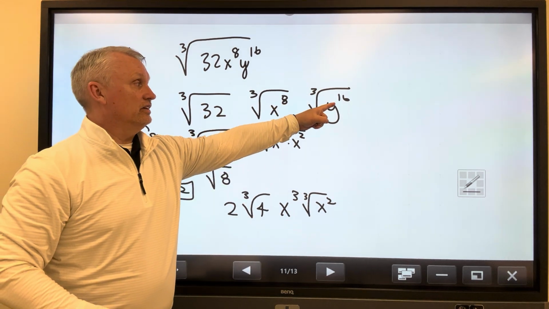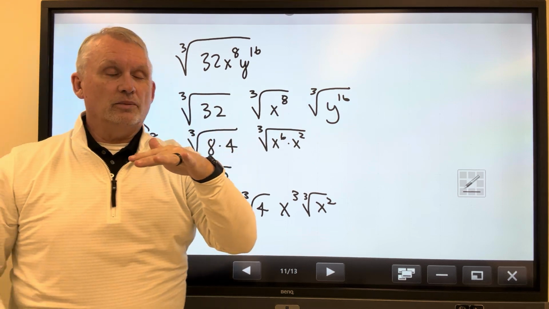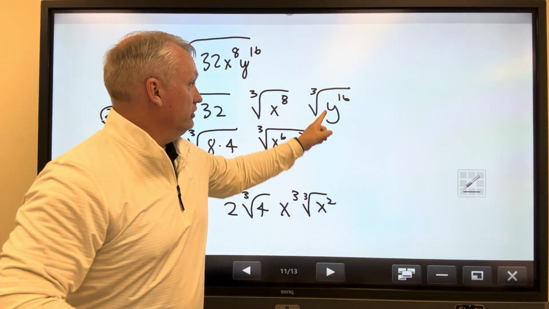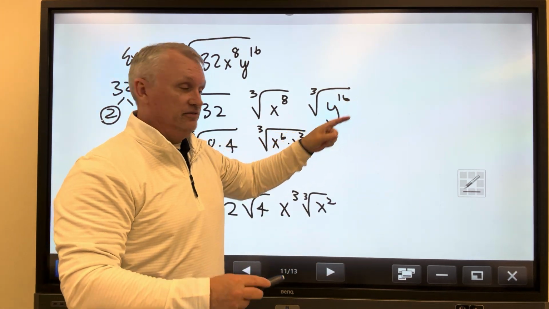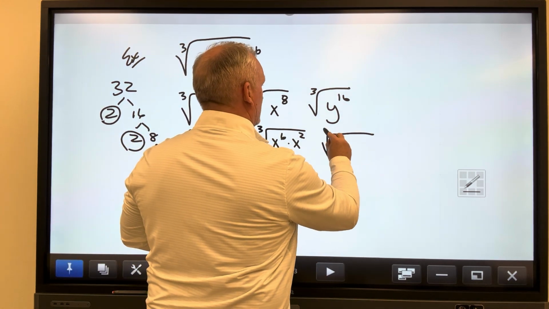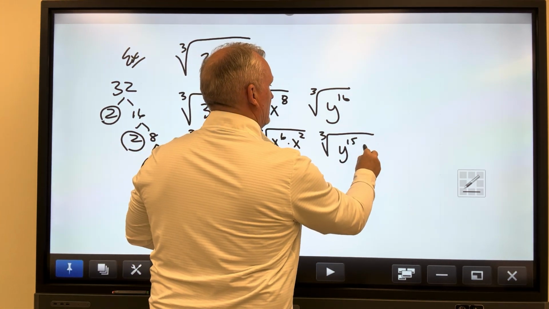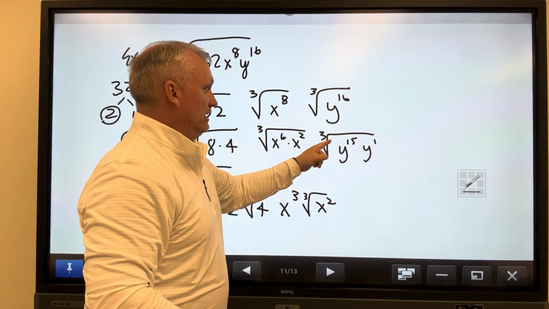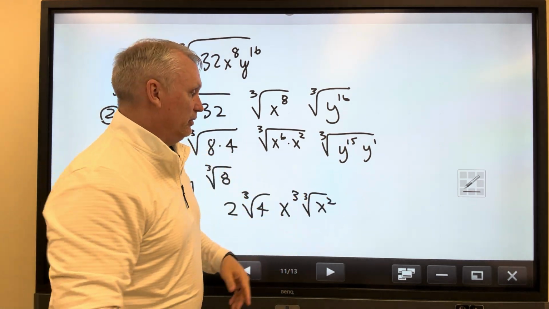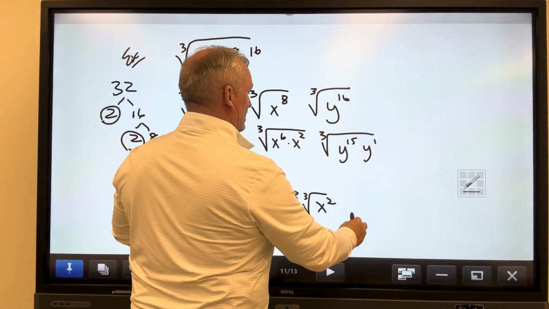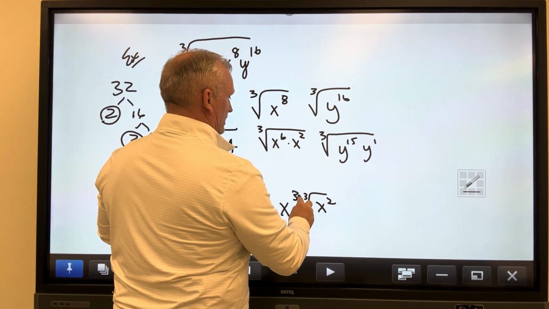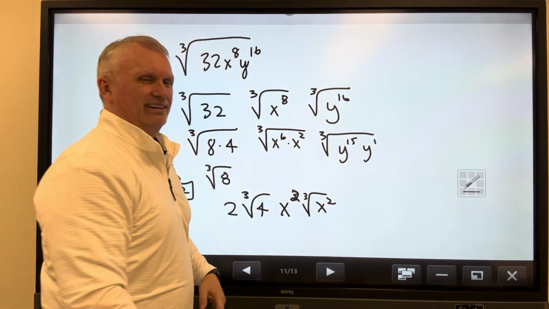And now this, I gotta look for something that 3 divides evenly into. Well, look at this. If I take 1 away, it's 15. So I actually have the cube root of y to the 15, y to the 1st. Well, just divide it by 3. So I have this. By the way, this was 2. Why did you catch me on that? Another error.